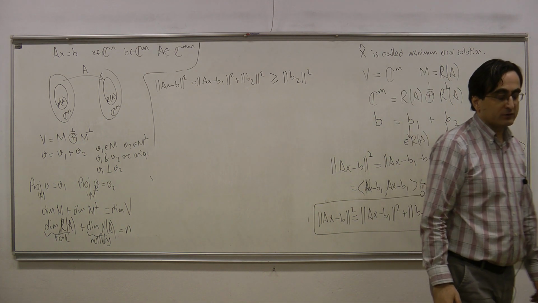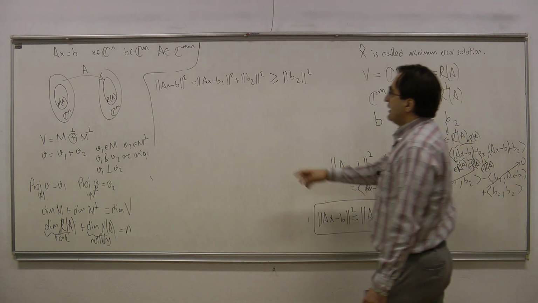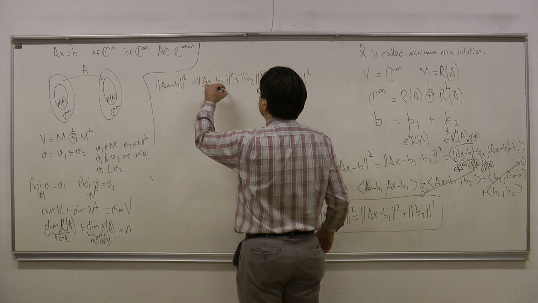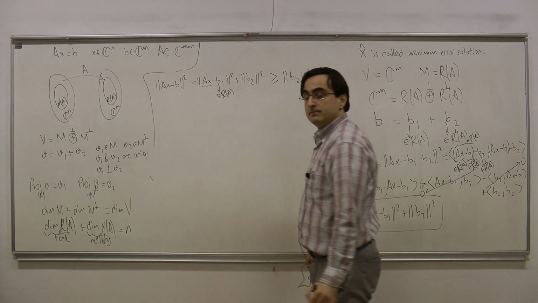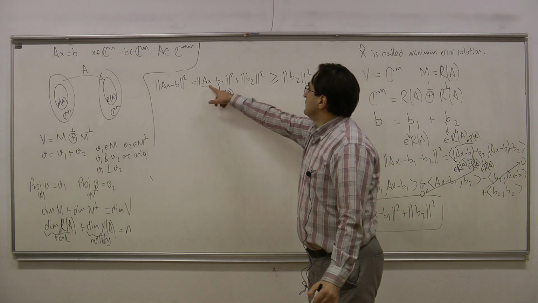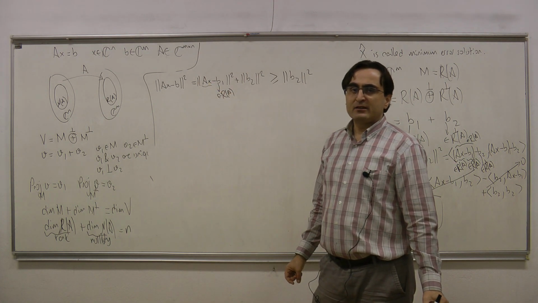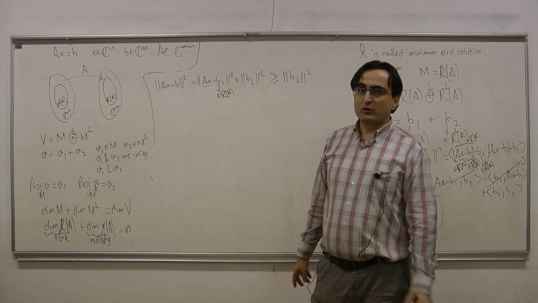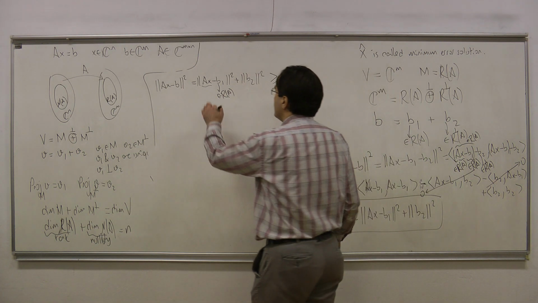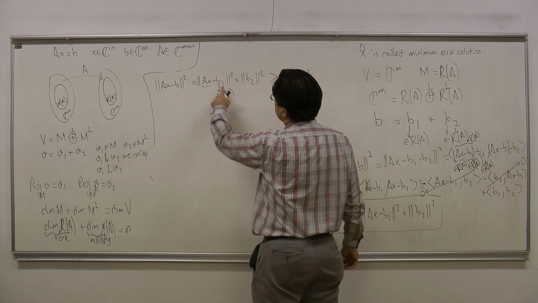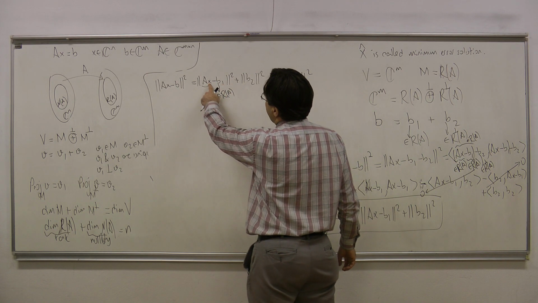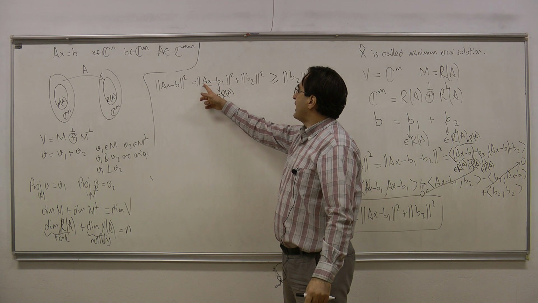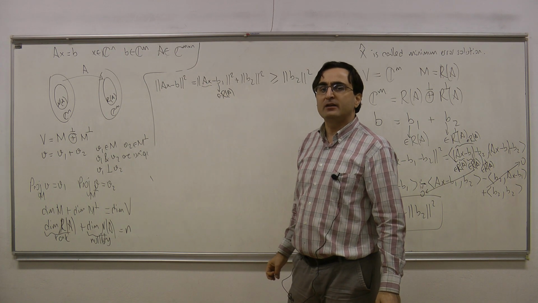Let us think about it. So I have ax here, and b1 is in the range space of A. Okay? So by choosing an x, can you make this norm equal to 0? The answer is actually yes here, because since b1 is in the range space of A, I can find an x which would satisfy the equation ax equals b1 exactly.